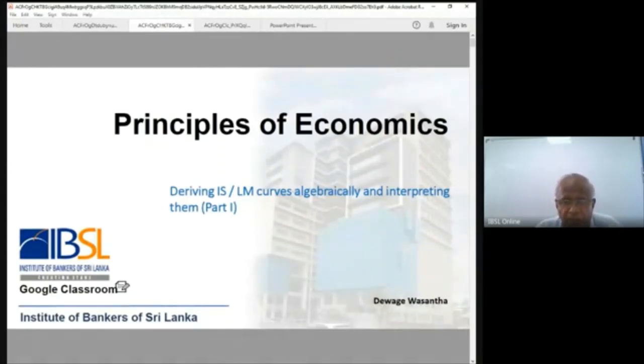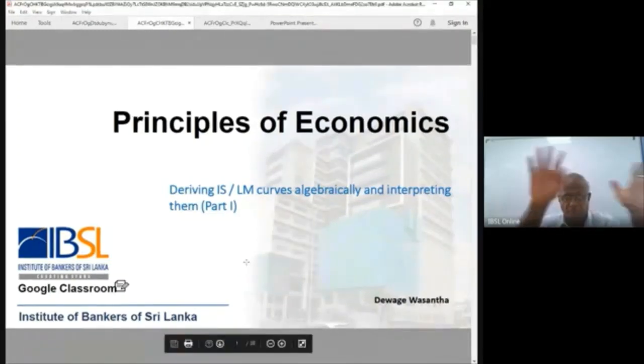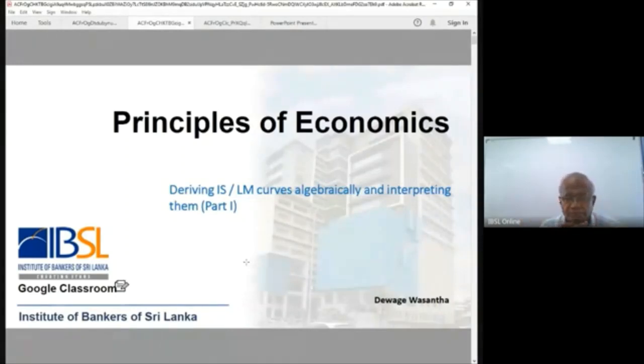In explaining economic performance, basically we use several models. National income model. Then we discuss the aggregate demand, aggregate supply model, AD-AS curve, aggregate demand curve, aggregate supply curve.